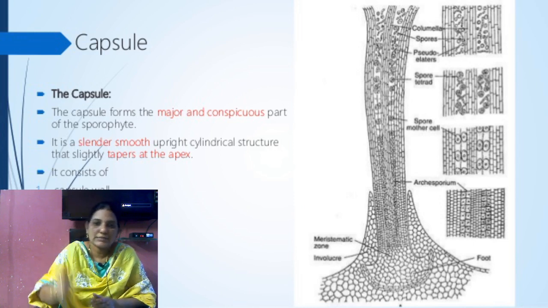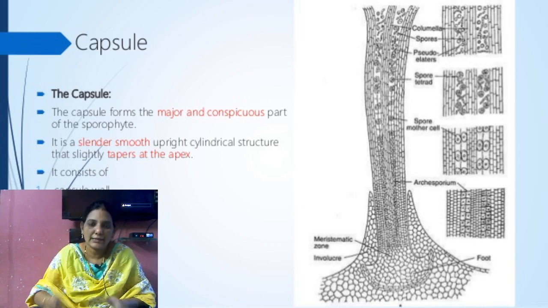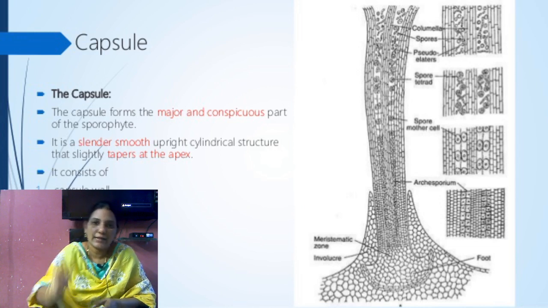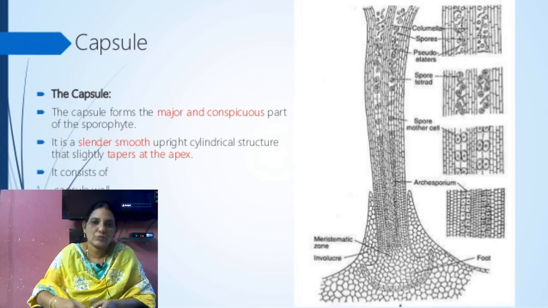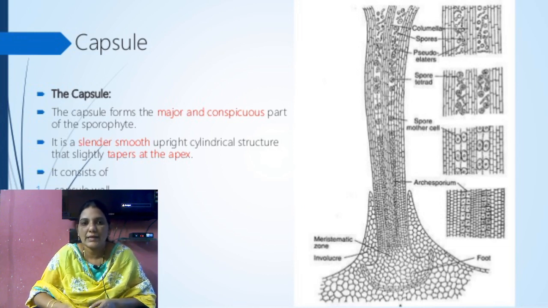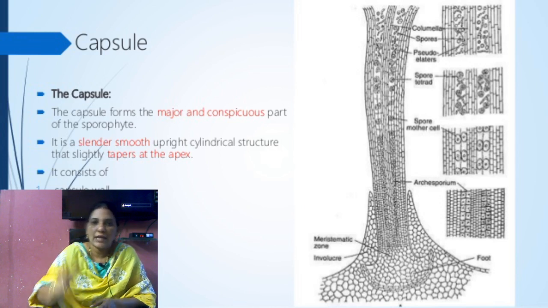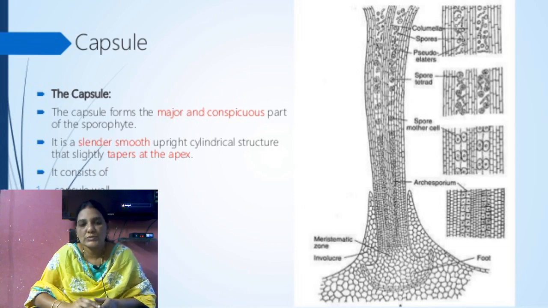The middle part is called the columella, and the outer layers are called the epidermis. The epidermis is present on both sides of the sporophyte, and the middle part of 16 rows is called the columella, which gives mechanical support to the capsule. And in between the columella and epidermis, spore mother cells are present.